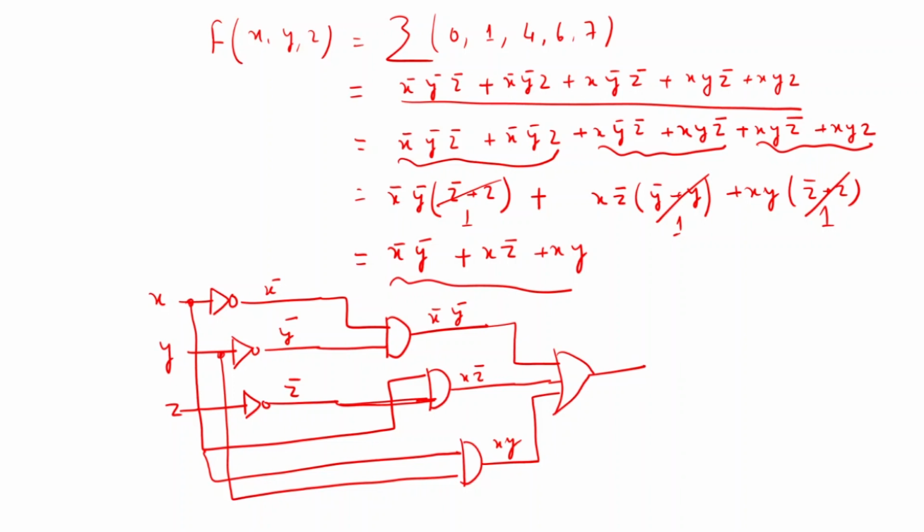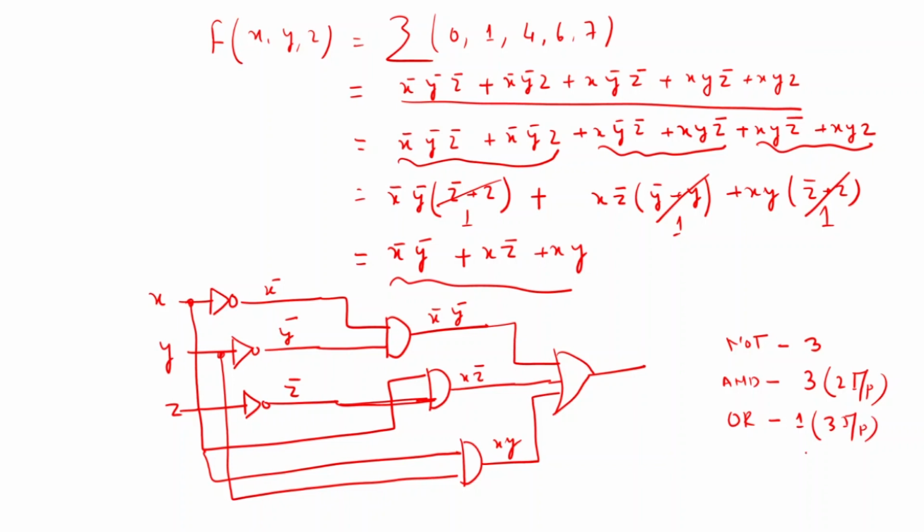When we count, 3 NOT gates are required, 3 AND gates, and each AND gate is a 2 input AND gate. And a single OR gate, which is a 3 input OR gate.